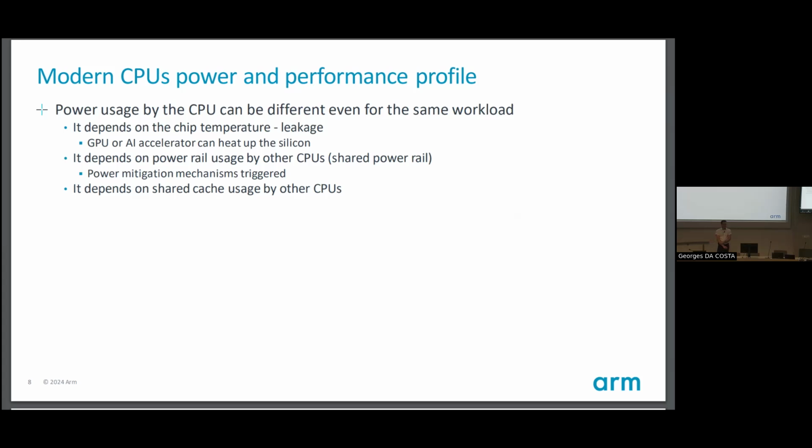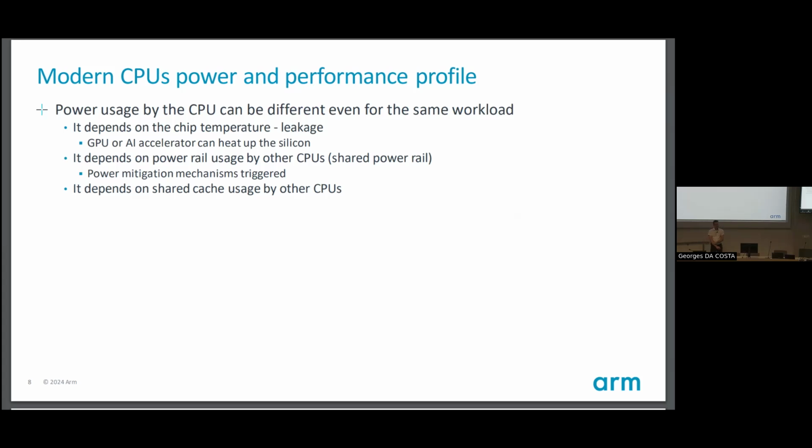It also depends on the other CPUs on the same power rail, because as I mentioned, some mitigation mechanisms might kick in to keep the safety region of your voltage level.